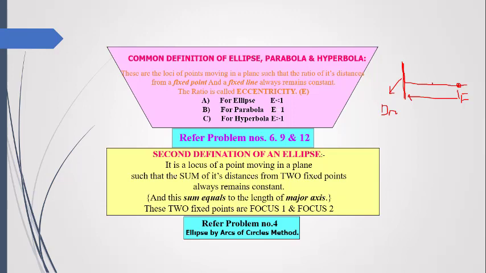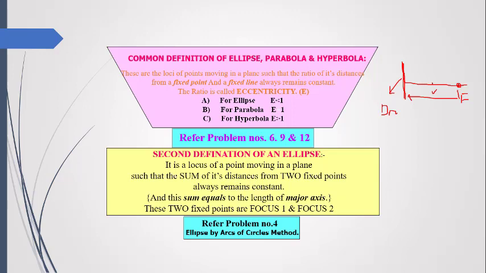eccentricity. Eccentricity for ellipse is less than 1, eccentricity for parabola will be equal to 1, and for hyperbola it's greater than 1. So what is eccentricity? Eccentricity is the ratio in between. This is a vertex, this is a directrix, and this is the focus.